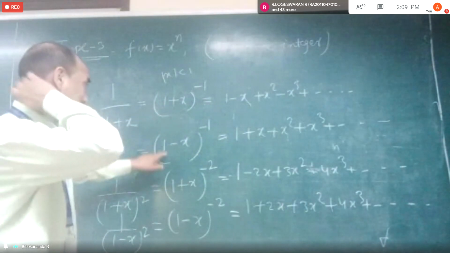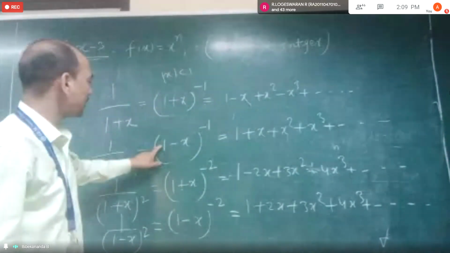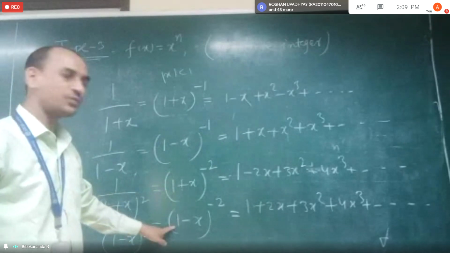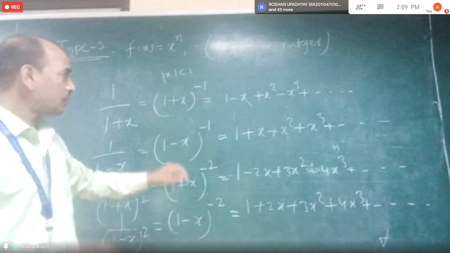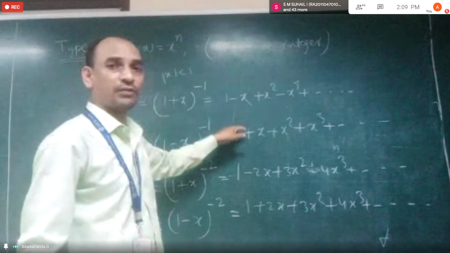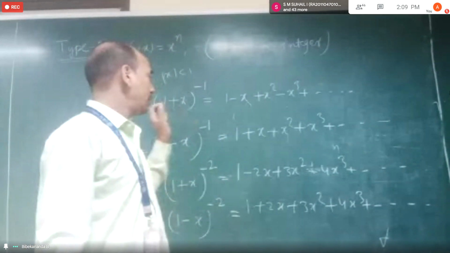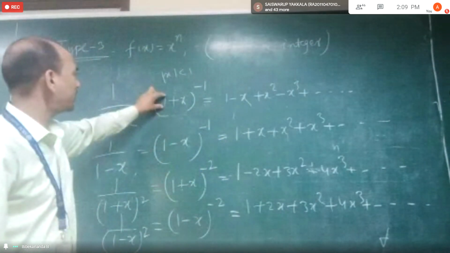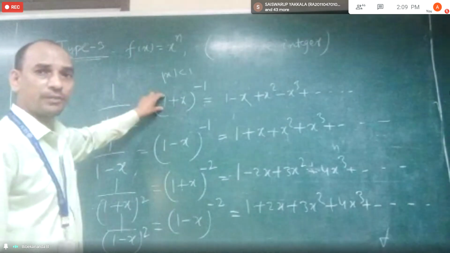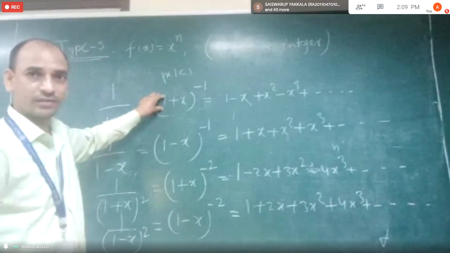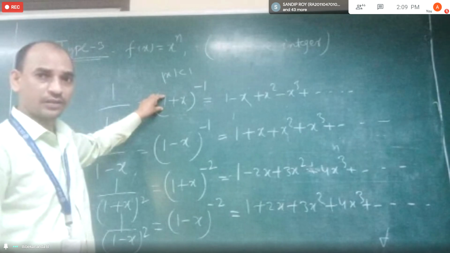Here we have 1, here also 1, here also 1. So in order to write the given equation in power series form, you have to convert the first-place element to 1.